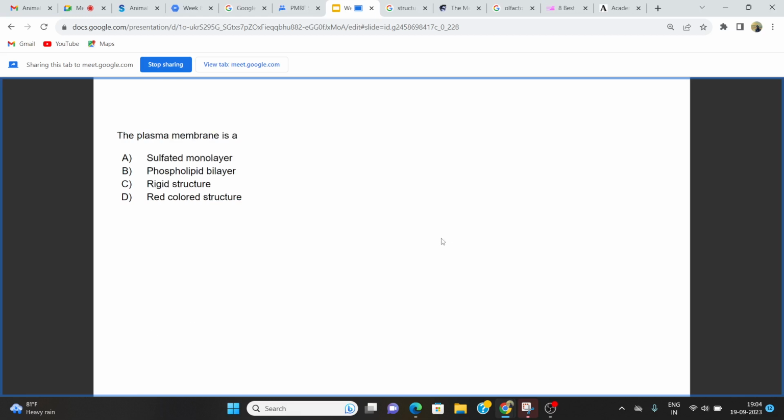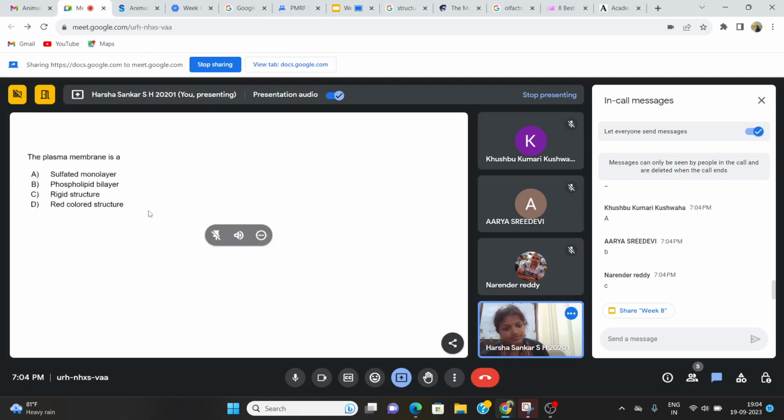Next, the plasma membrane is a dash: sulfated monolayer, phospholipid bilayer, rigid structure, red colored structure. What is the plasma membrane? Yeah, it's a phospholipid bilayer, right?